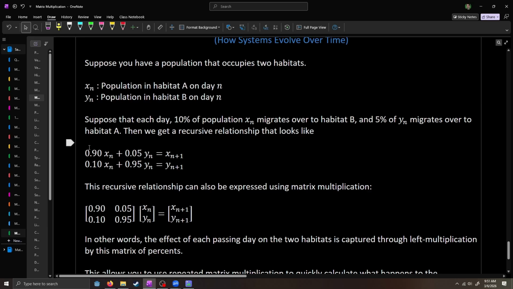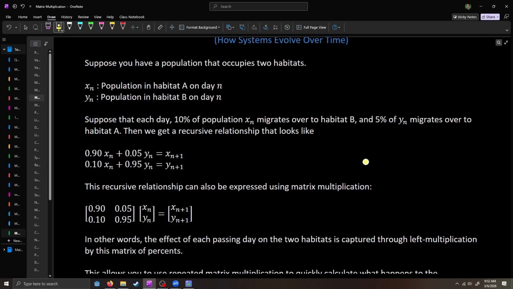It will retain 90% because 10% of those guys migrated over to the other habitat. Meanwhile, Habitat A will have gained some population members from the guys who migrated coming over from Habitat B. So 5% of the folks in Habitat B came over to Habitat A and are now contributing to that population.